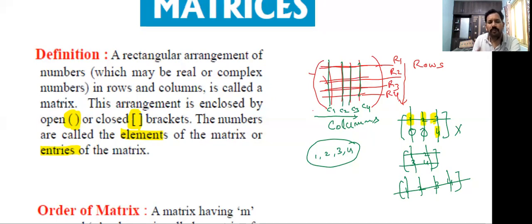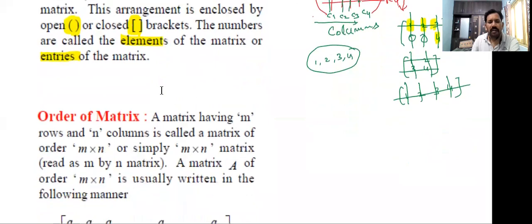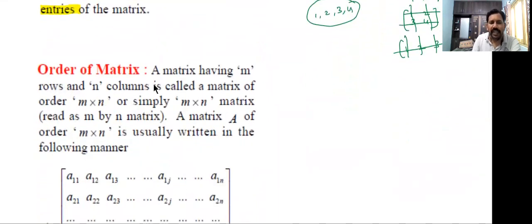Next, how to find the order of the matrix? A matrix having m rows and n columns is called a matrix of order m by n, or simply it can be read as m by n.